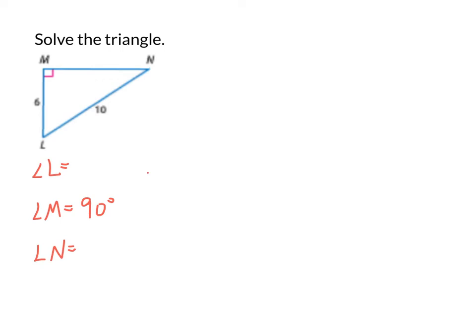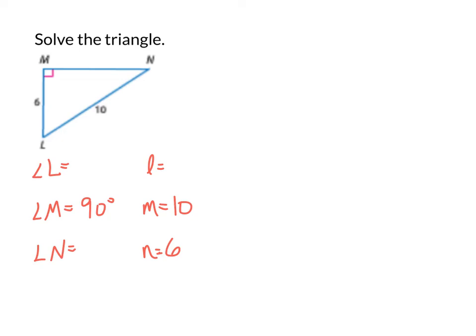We will also have to find side L, side M, and side N. And looking at my picture, the side opposite angle N is 6, so side N is 6, and the hypotenuse is 10, so that means that side M is 10. And now we have three different values that we're going to have to calculate.